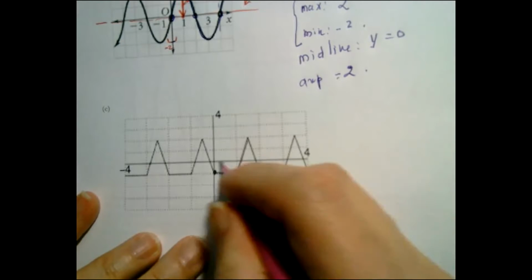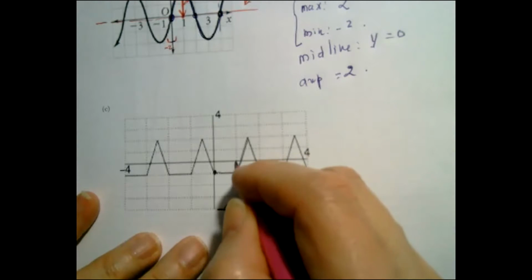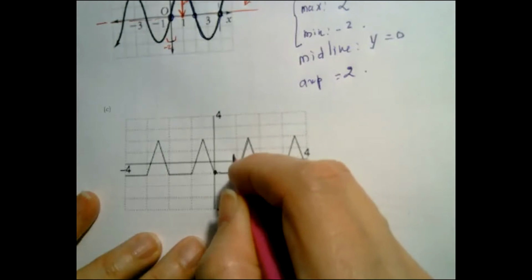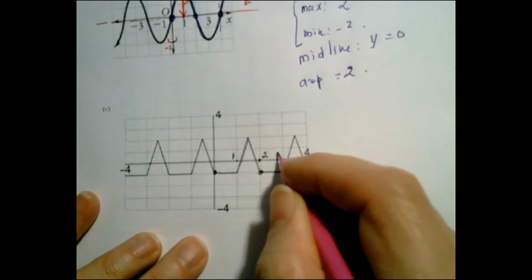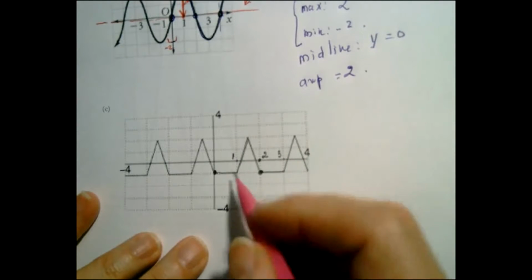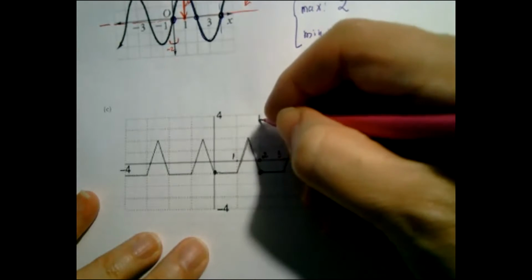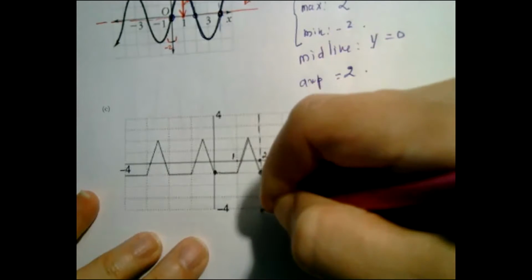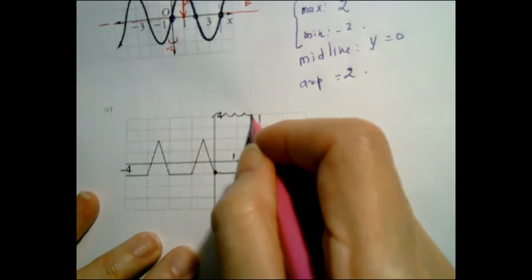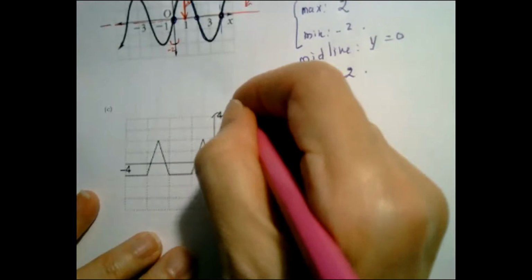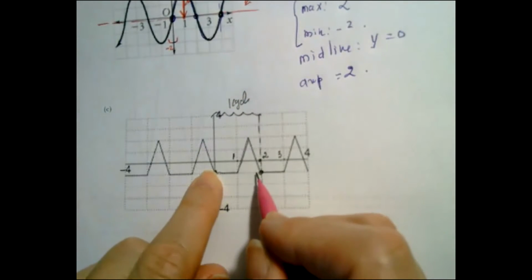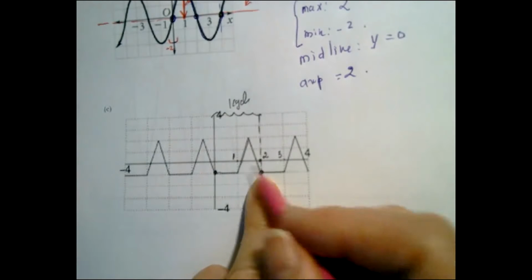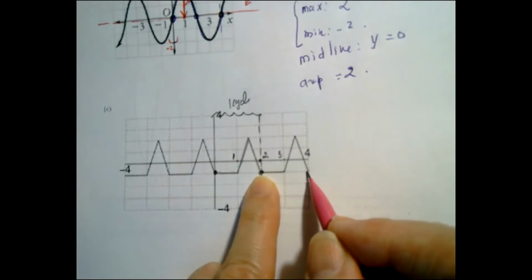So how long did it take for the graph to repeat itself? If this is 1, then 2, 3, and 4. The graph seems to take 2 units for a cycle to repeat itself. If I take this piece and translate it by 2 units, it will totally overlap with that piece.